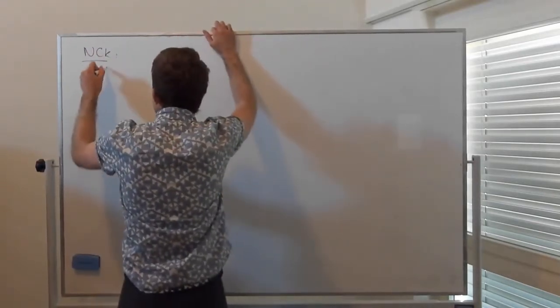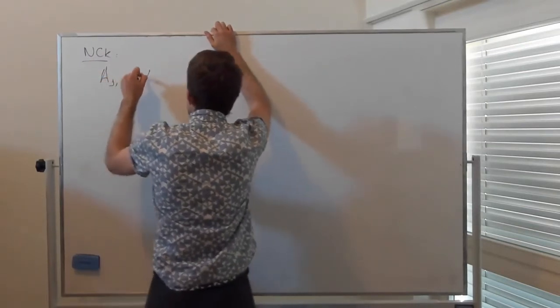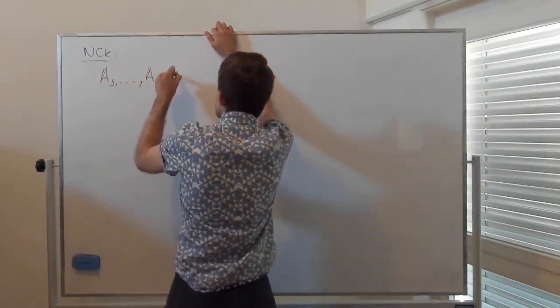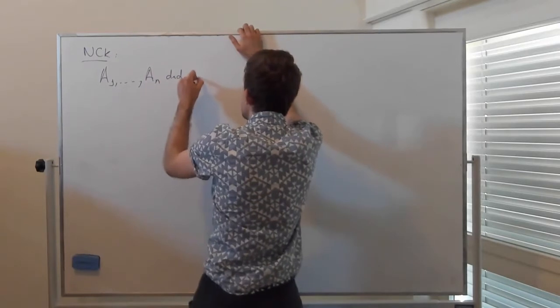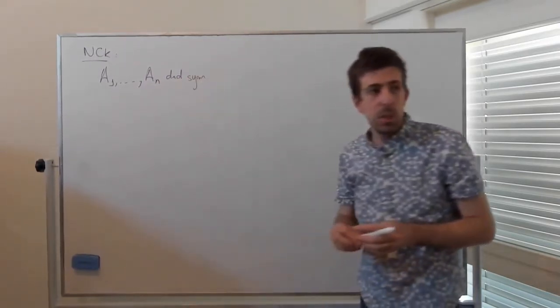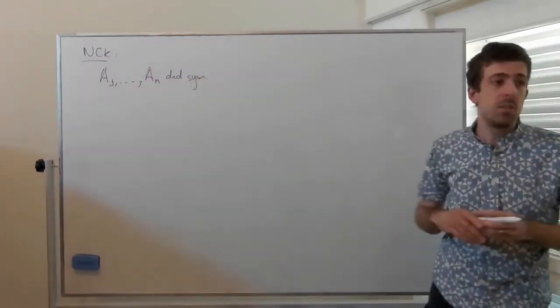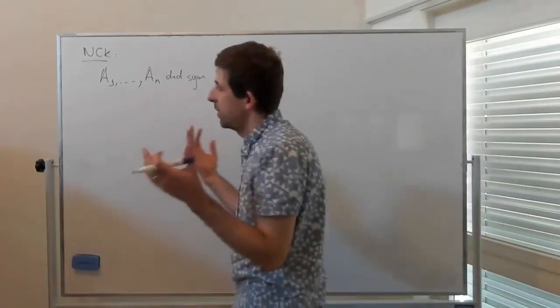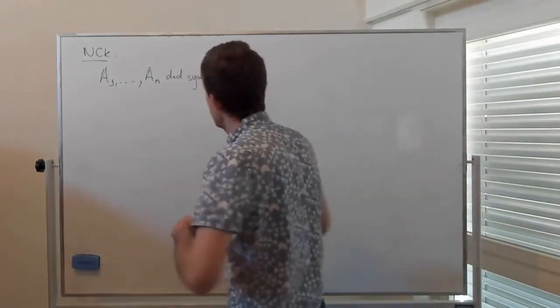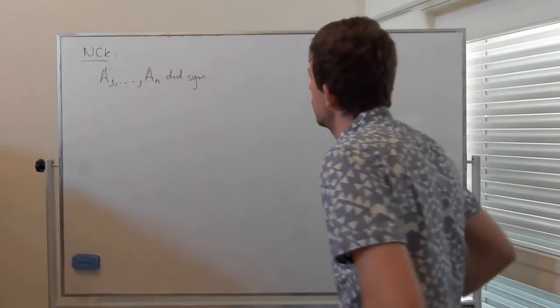So we had matrices A1 through An, d by d symmetric matrices. Remember, here symmetric means that the matrix is the same as its transpose, not symmetric as the random variable having the same distribution as minus the random variable.